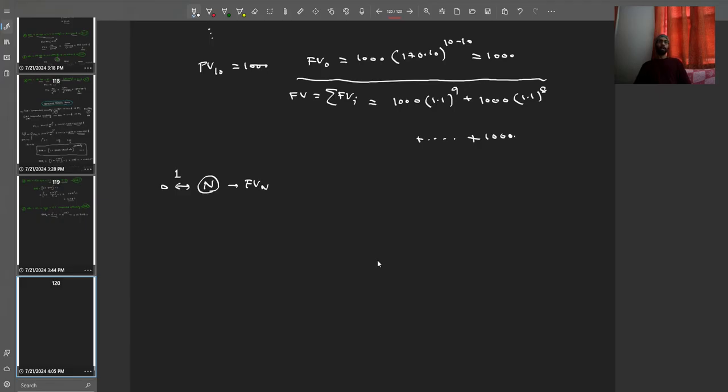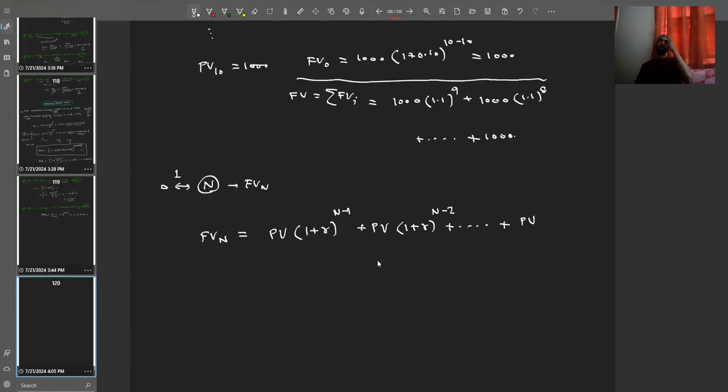This will be given by PV times (1 plus the rate of compounding) raised to the power of n minus 1, plus PV multiplied by (1 plus the rate of compounding) raised to the power of n minus 2, and so on, plus PV.